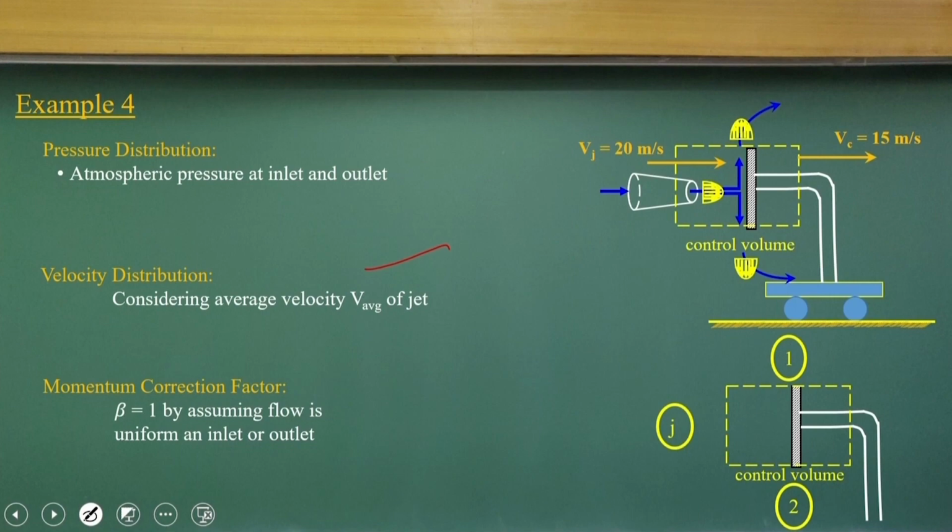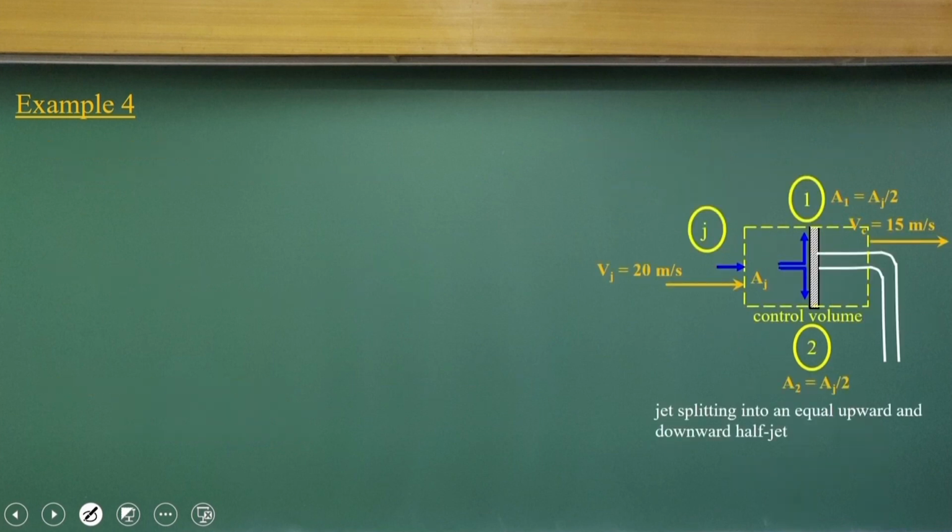That is a great simplification we usually use. If this is the cross section V1 A1 and V2 A2, water comes in and splits equally into two parts. This is the velocity of the jet, and the moving control volume is moving at 15 meters per second.